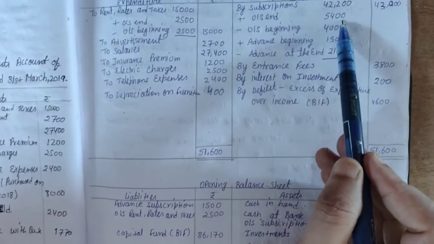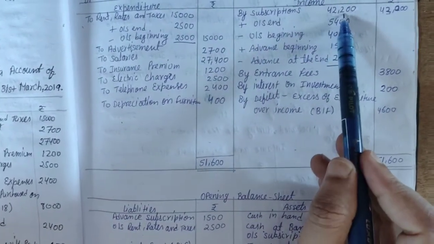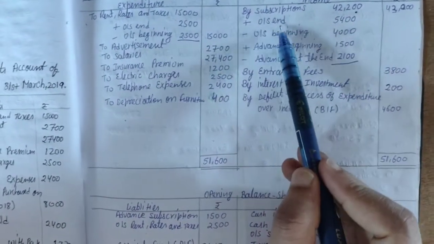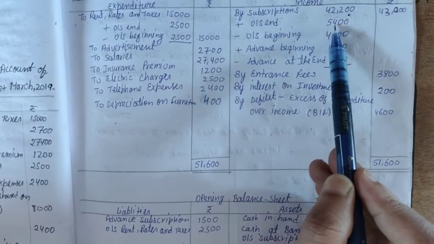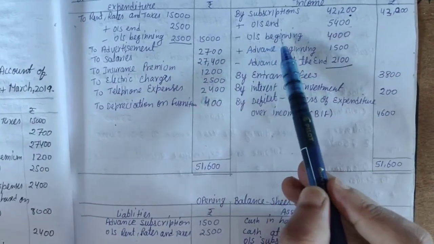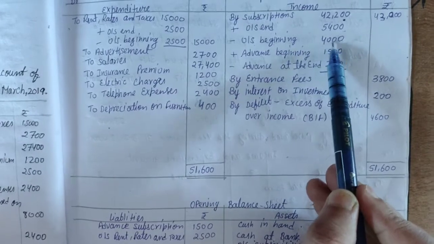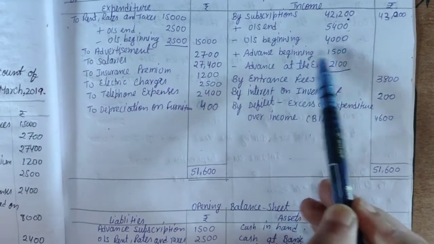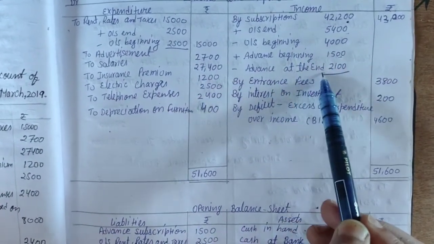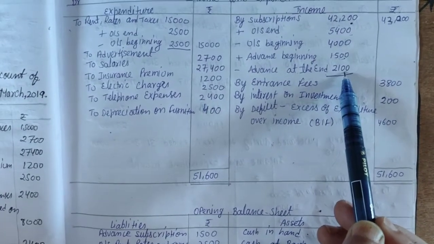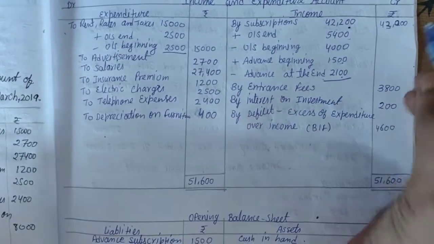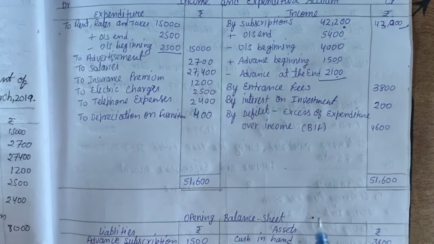So here it is by subscription of rupees 42,200, outstanding at end added, that is 5,400, outstanding at beginning deducted, that amount, advance at beginning, that is 1,500, and advance at the end, that is 2,100. After that we get the final answer, that is 43,000.